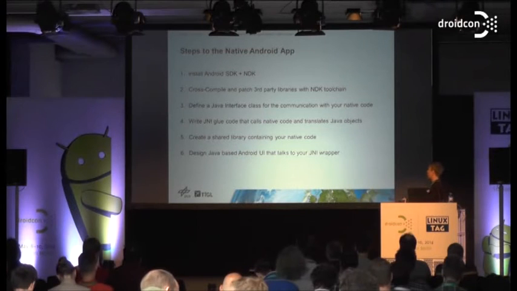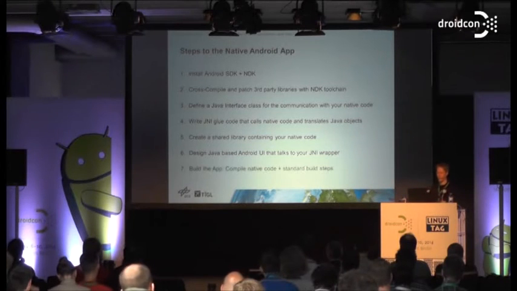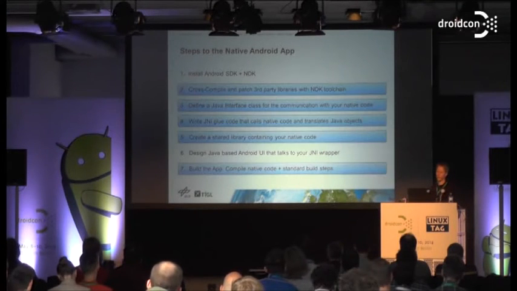And what we did is we designed a Java-based Android user interface, so we have a hybrid application, a user interface in Java and a backend in C++, and the Java part talks to the backend. And finally, we build the app, compile native code using standard build steps. And today I'm going to talk about these high-level steps here.